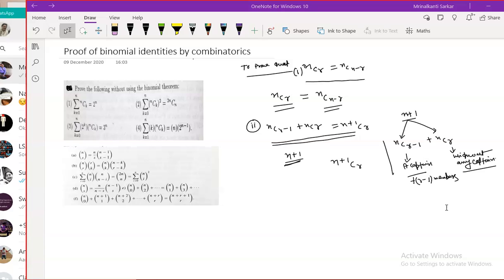Number 1, selecting a captain and remaining r minus 1 from the group. Or number 2, selecting r from remaining n persons without a captain.